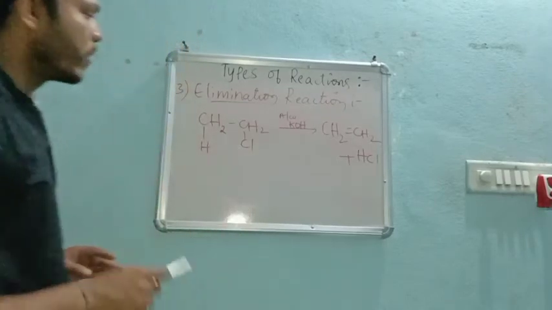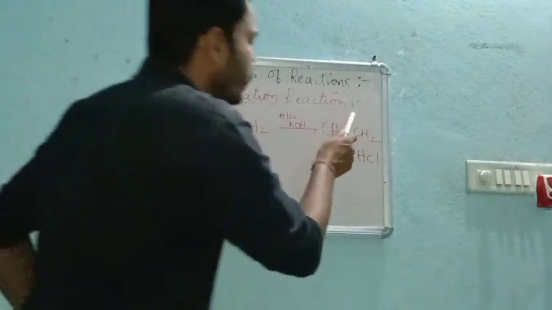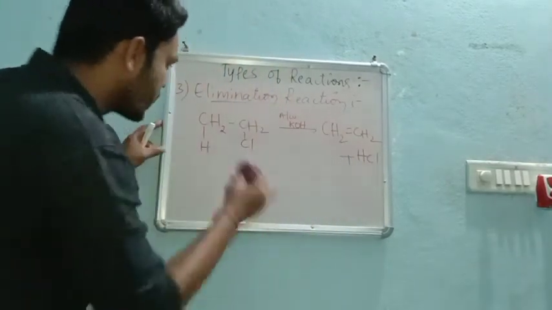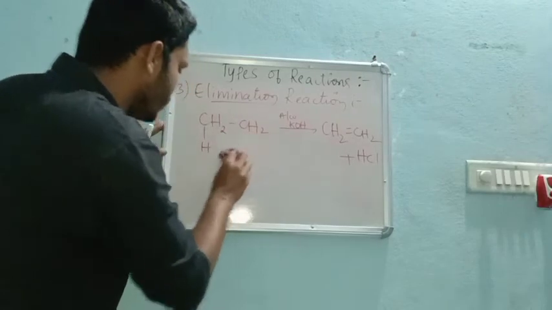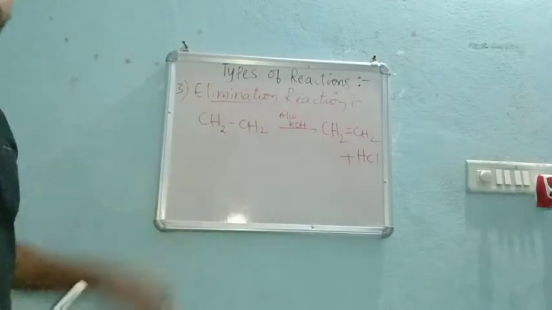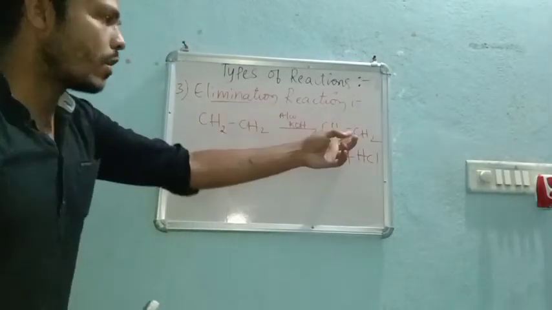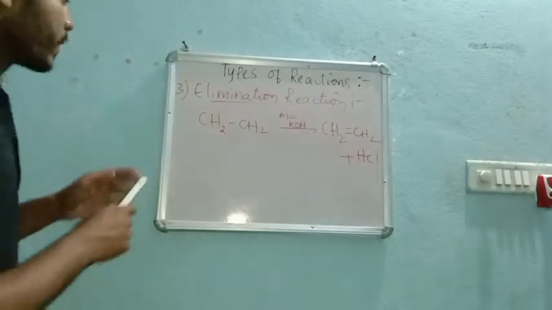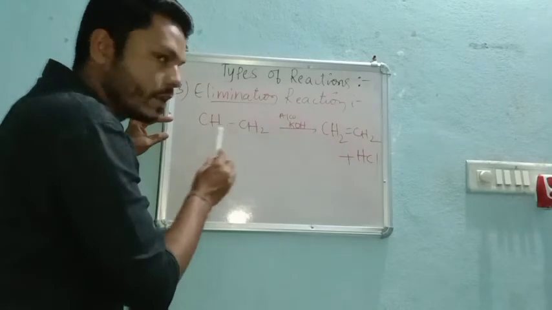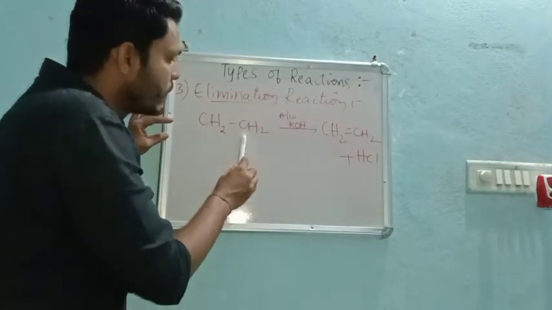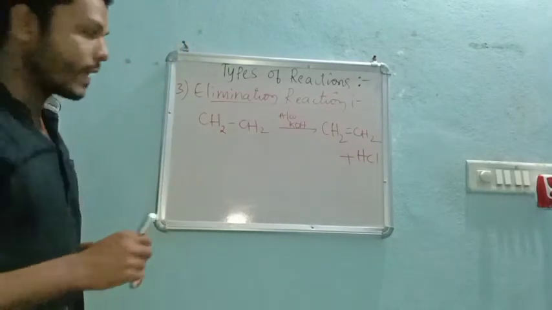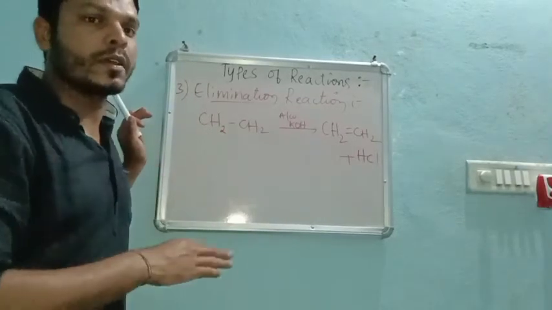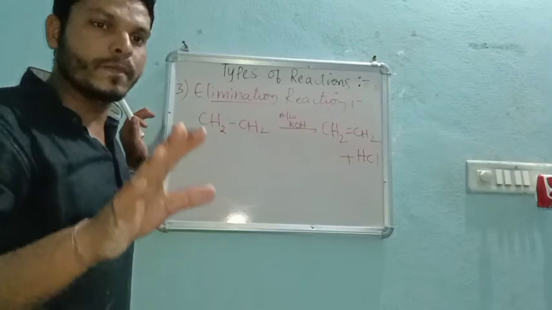So after removing hydrogen and Cl, how did we get this product? Once these two are removed, what is the compound now? This. How did the double bond come? I'm just explaining that. After removing H from here and Cl from this carbon, what happens? Now check the valency. Valency is very important again. If you know what the valency is and how to check it, then organic chemistry is very easy.